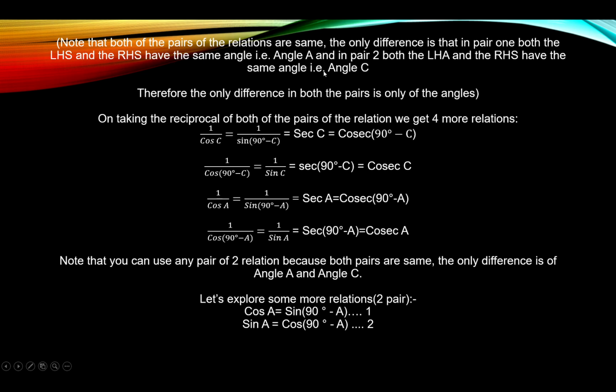On taking the reciprocal of the pairs we get four more relations. But keep in mind that both of the pairs are the same as they follow the same pattern.